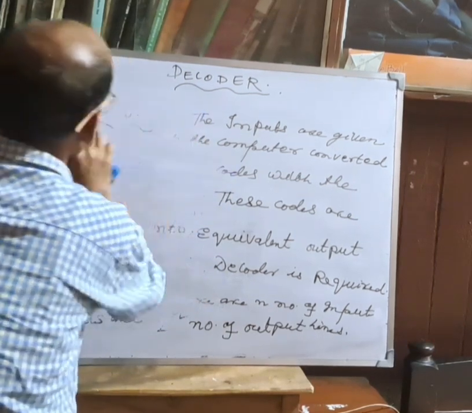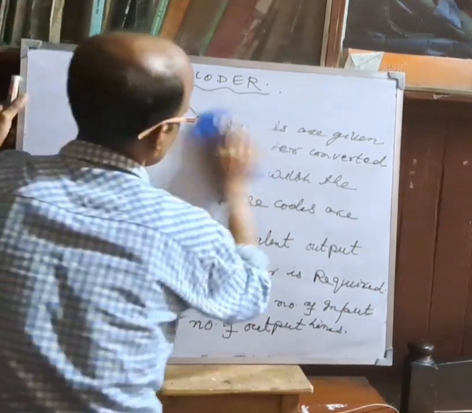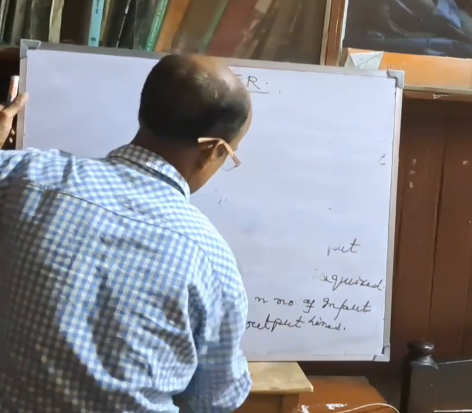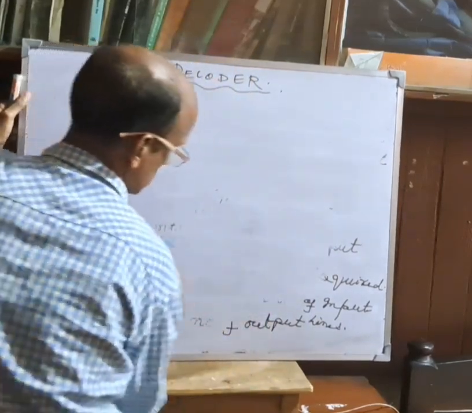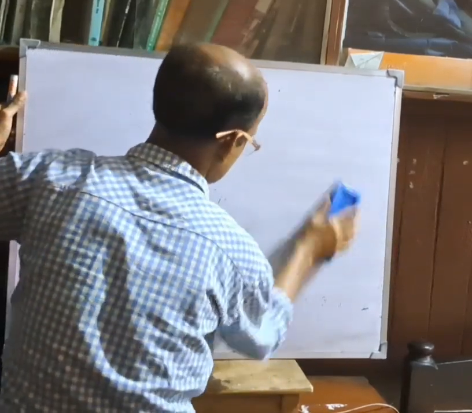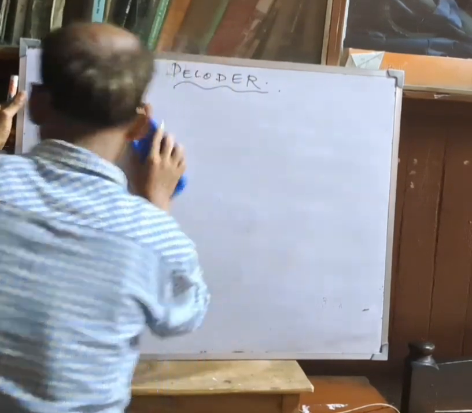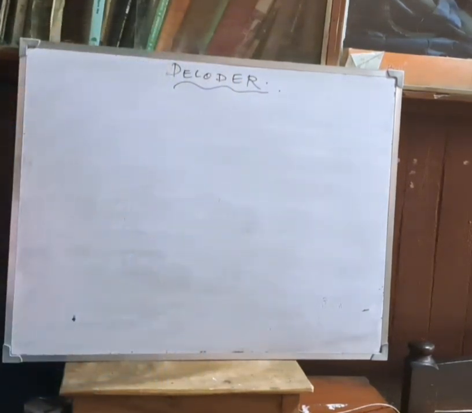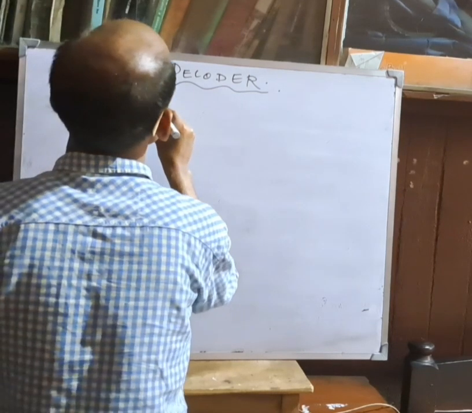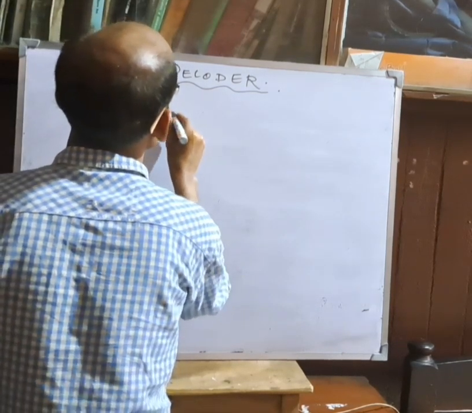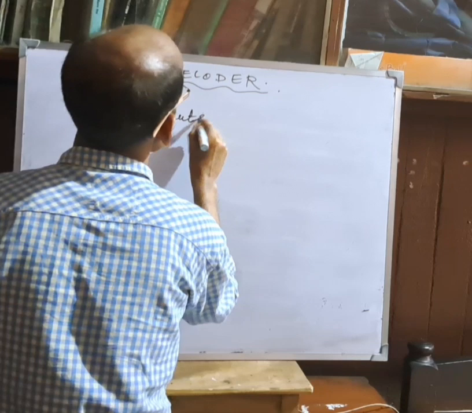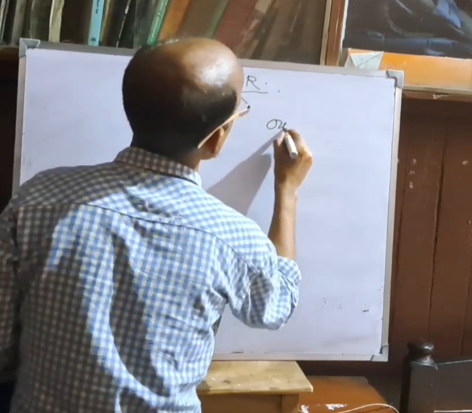You just see. In this way you can understand the decoder. Input, output.